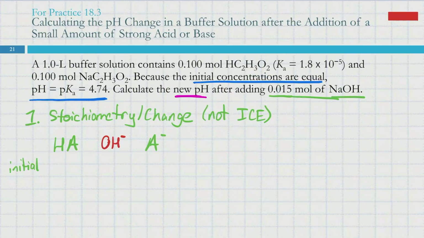Hydroxide is an acid or a base? It's a base. Do bases react with other bases, or do they react with acids? Acids. So it's going to react with our HA. So we're going to have our hydroxide reacting with our HA to form more A minus.